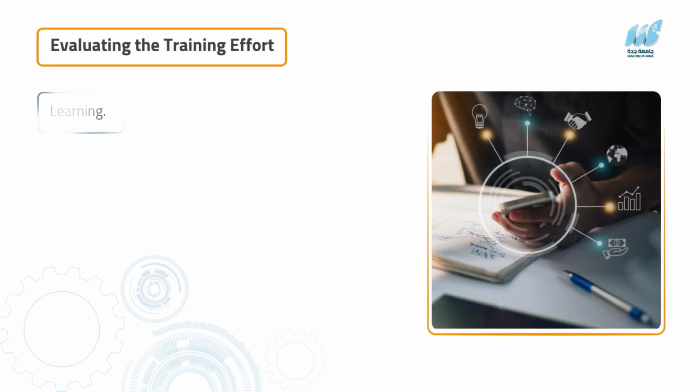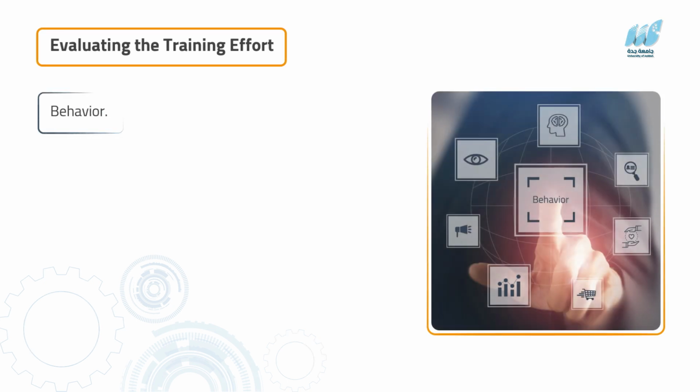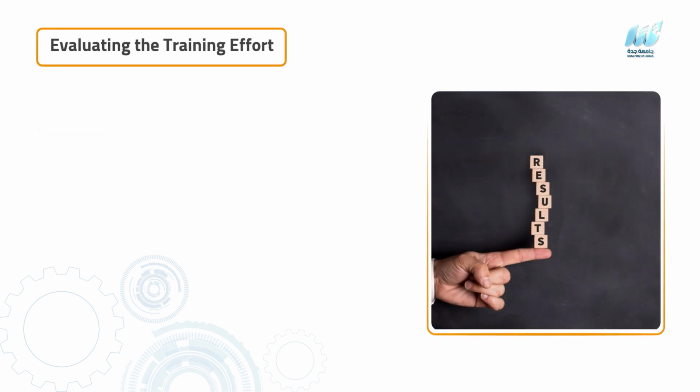2. Learning. Test the trainees to determine whether they learned the principles, skills, and facts they were supposed to learn. 3. Behavior. Ask whether the trainees' on-the-job behavior changed because of the training program. For example, are the employees in the store's compliance department more courteous toward disgruntled customers? 4.